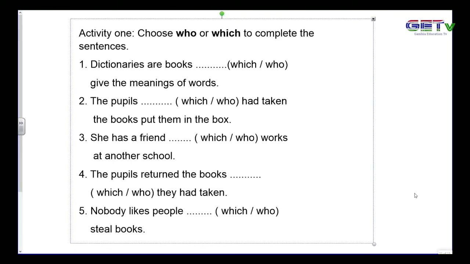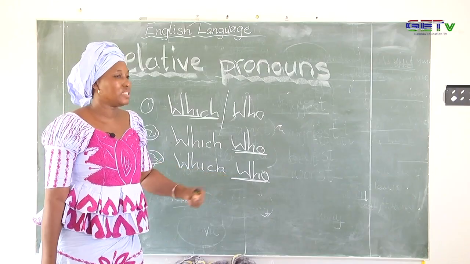Let me read the sentence again. She has a friend who works at another school. Friend is a person here. So therefore we take which pronoun? Who. Which? Things. Who? People. She has a friend who works at another school. Who is the correct one here?